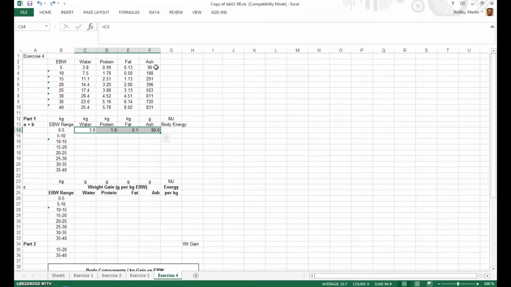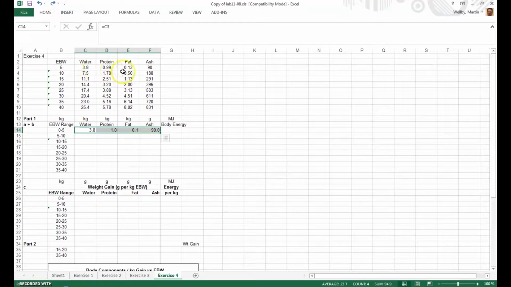You get rid of all the organic elements, and in the case of an animal you're left with mostly calcium and phosphorus, and the majority of those minerals are from the bones. So this is a good approximation to the amount of bone in the animal.